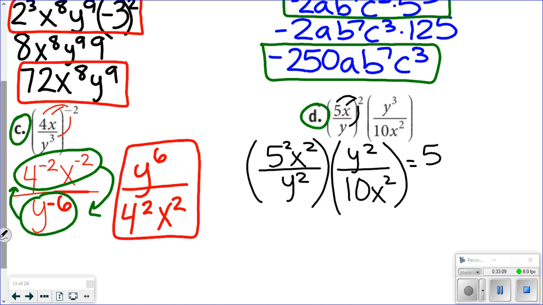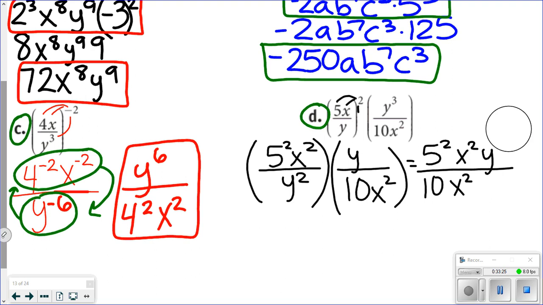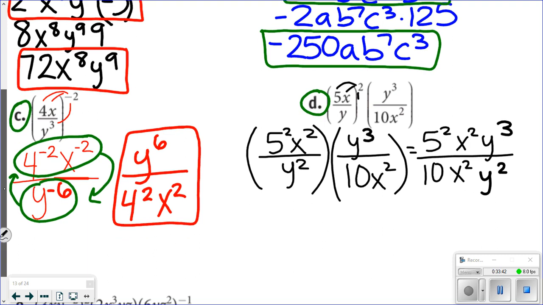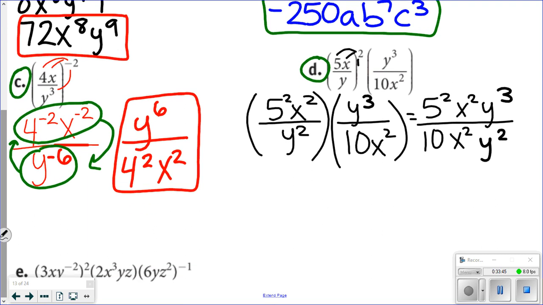So 5 squared x squared y squared over, I'm going to put a 10 here. Then I'm going to write my x squared first. Oh, wait, I made another mistake. There's too many squared, so I'm changing it. Y cubed. Then it's y squared. See, everybody makes mistakes. Okay, be really careful. Everything looks good. So 5 squared x squared y cubed over 10 x squared y squared.